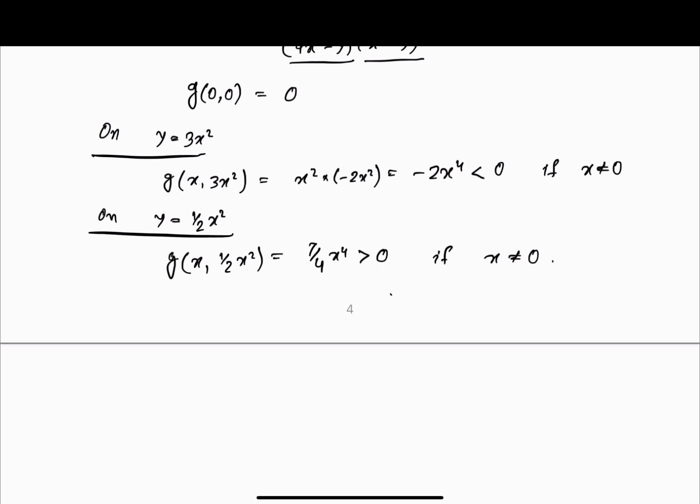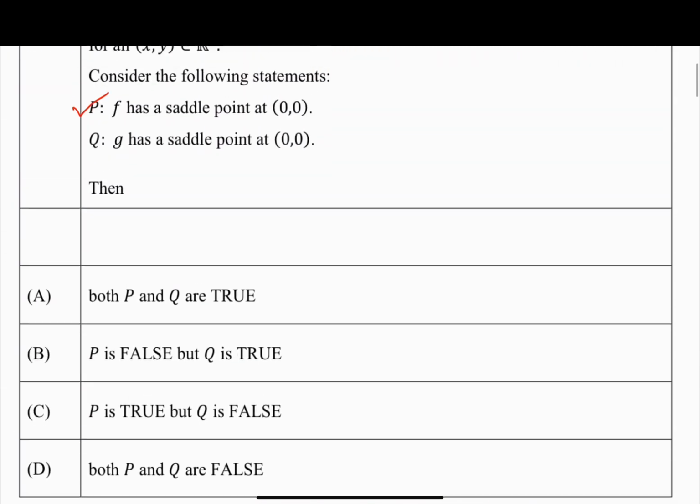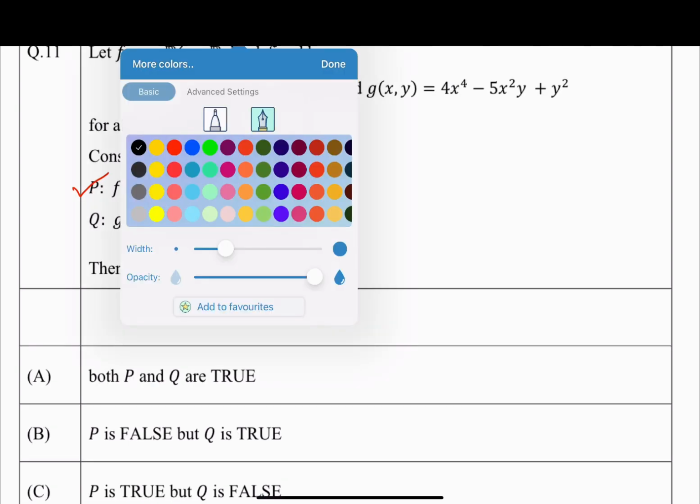So as it changes sign, 0,0 is a saddle point of G. So both are saddle points of F and G. G has a saddle point at (0,0). So this is also correct.